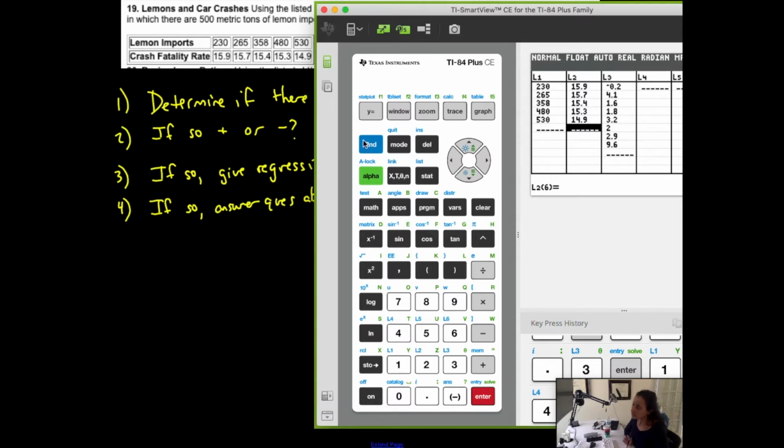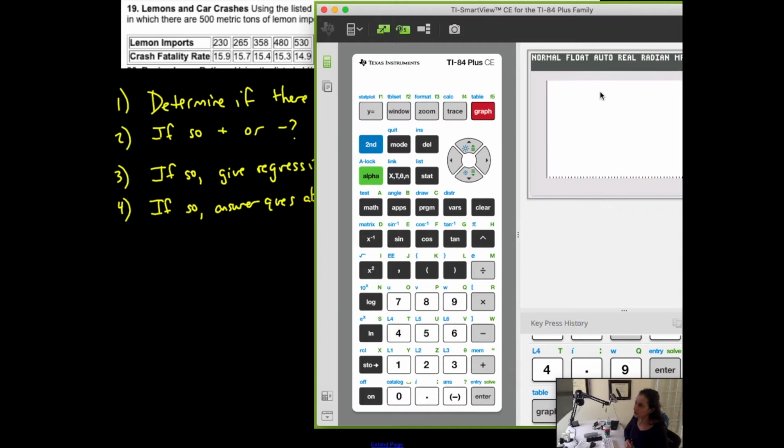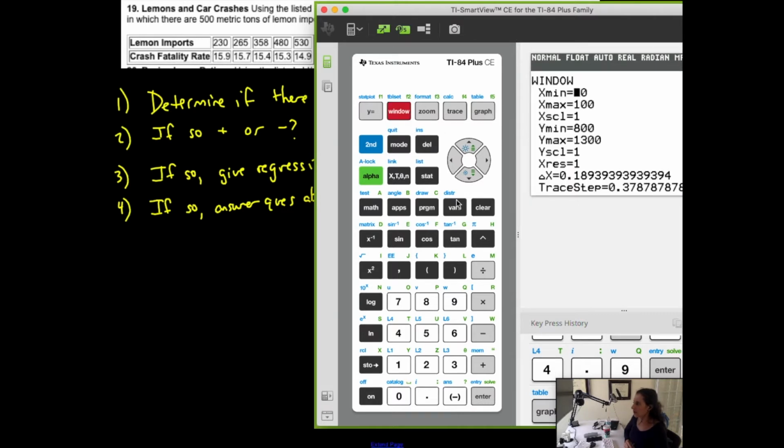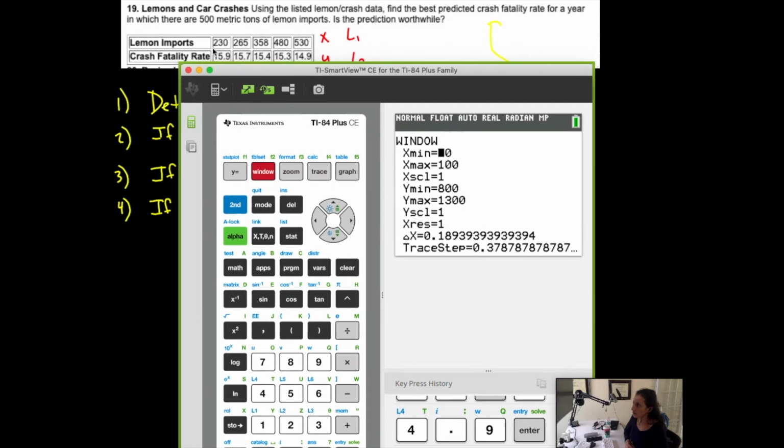So I'm going to go to stat plot. Actually, before I do that, I don't have anything in my graph. I'm going to go to window and change my window because I want to make sure that it shows my X values and my Y values. On my X values, I have a minimum of 230 and a maximum of 530.